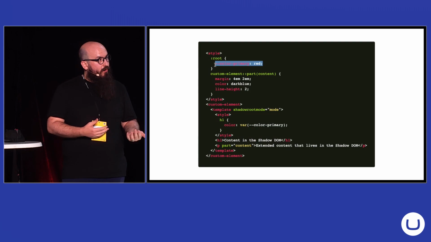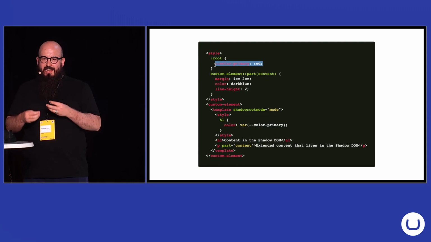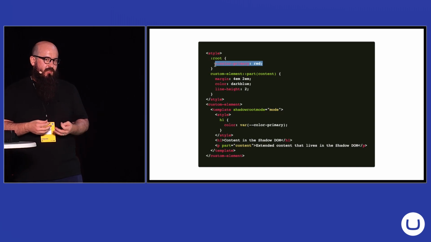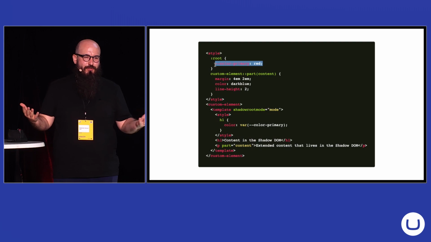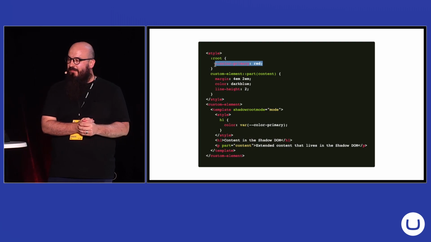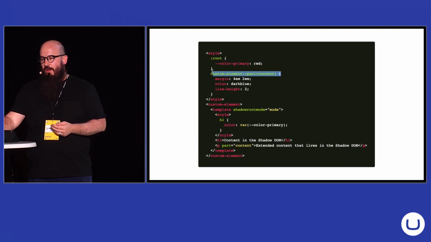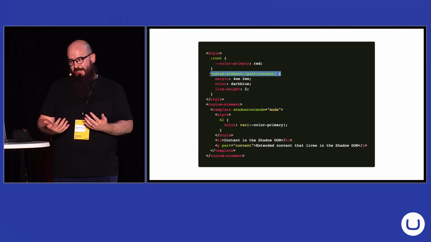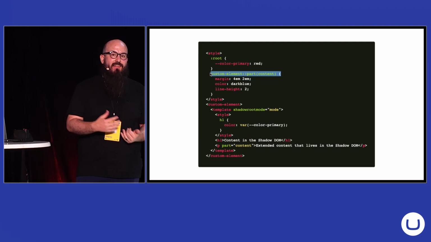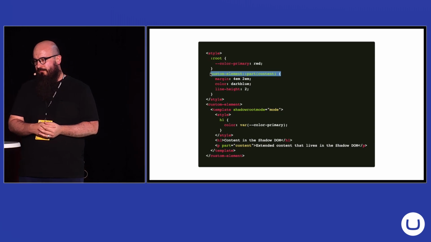Similarly, the part attribute that I discussed builds on the finite control that you would get with a CSS custom property and gives you essentially splat control, full control over an element inside of a shadow root. And so we're able to see in our second style rule, as we point to the part content, that we can apply whatever styles, here margin and color and line height, to customize the content that's inside of the shadow root.